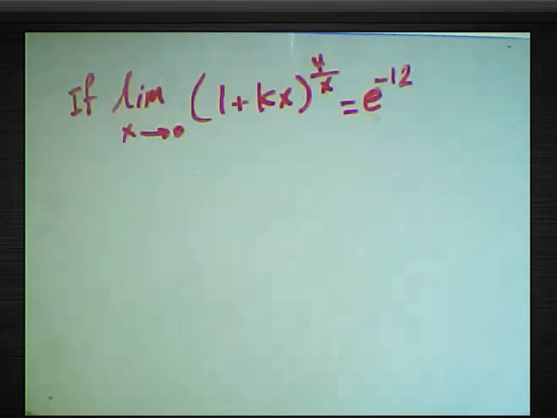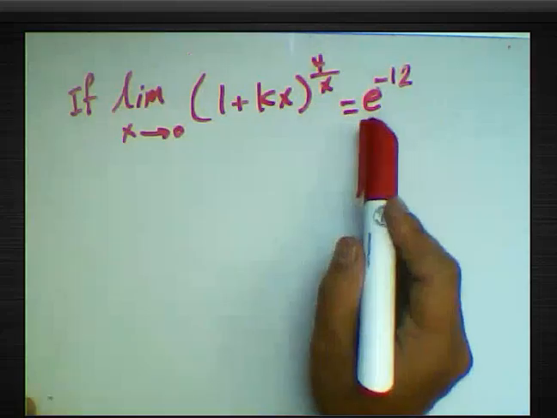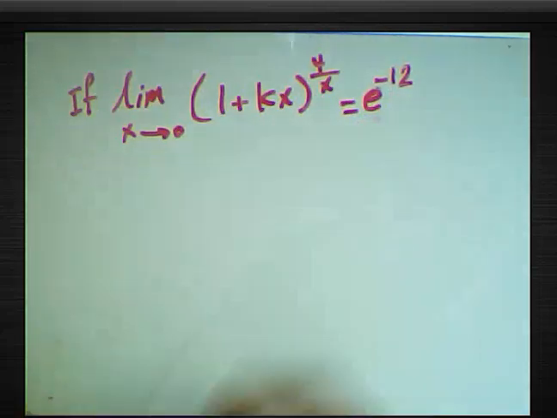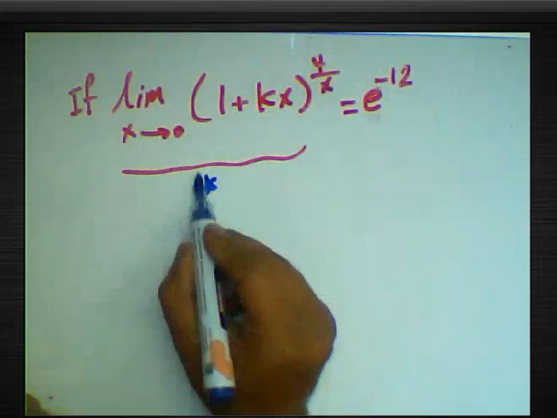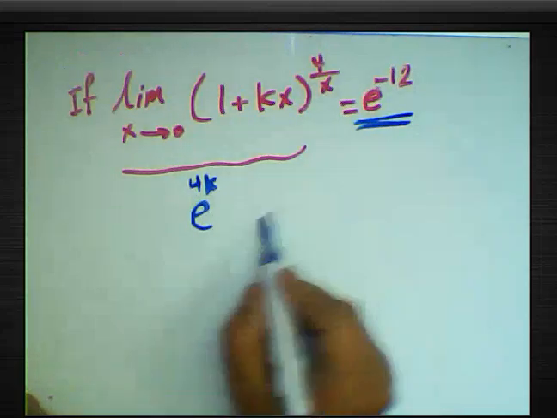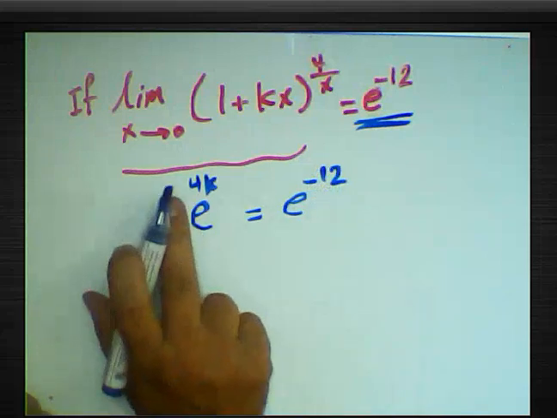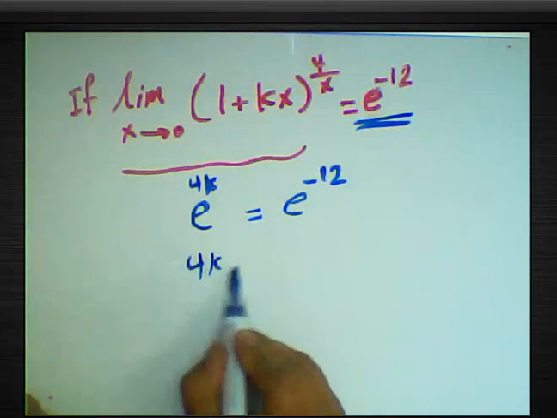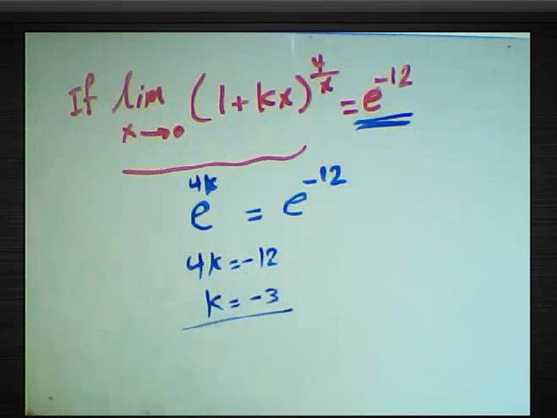If the limit when x approaches 0 of (1 plus kx) all power 4 over x equals e power negative 12, we know the result of this limit equals e power k times 4, which is 4k. The result will be e power negative 12. Base equals the base, power equals the power, then 4k will be equal to negative 12, then k equals negative 3.